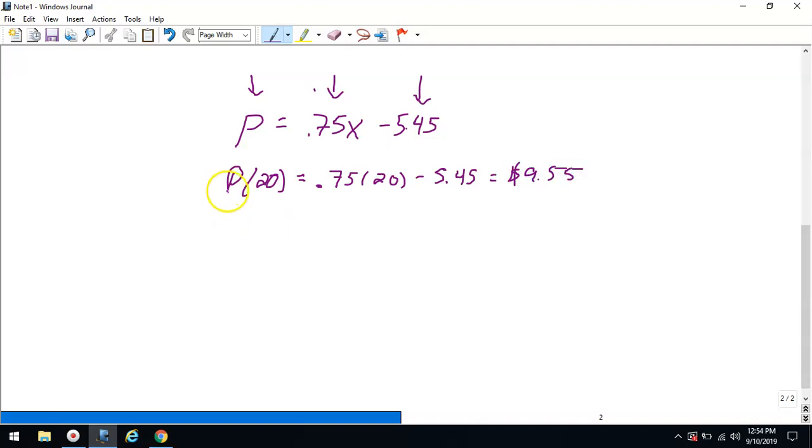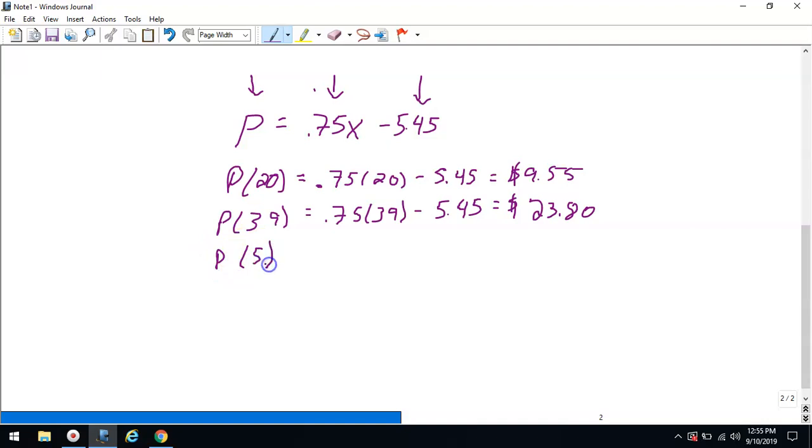Okay. And then we have P of 39 cups. So 0.75 times 39 minus 5.45 equals 23.8, so $23.80. And then what if you only sold 5?